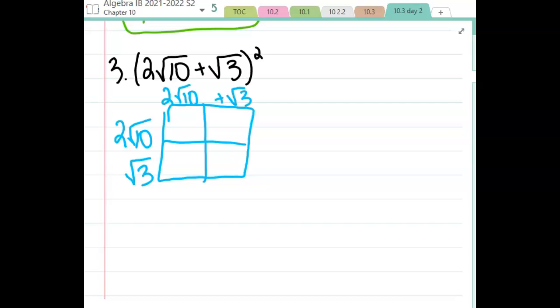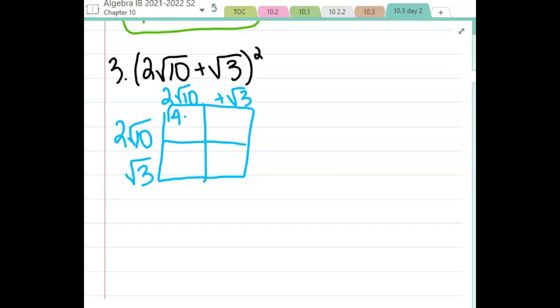Here's why I love the box method. You can really take this piece by piece. For this box, I'm going to take 2 square roots of 10 times 2 square roots of 10. Multiply the numbers on the outside: 2 times 2, which is 4. And then multiply your radicals. Be careful here. What is the square root of 10 times the square root of 10?